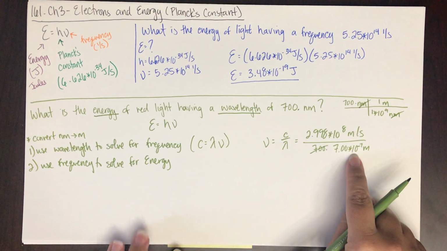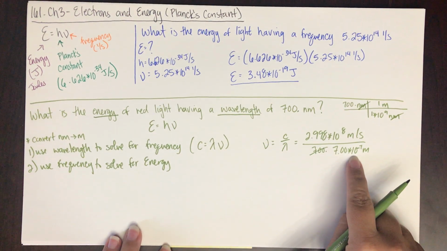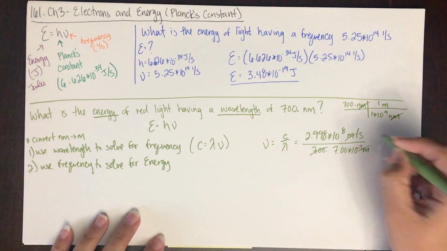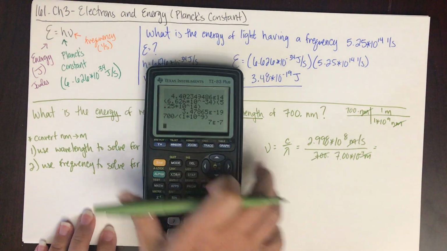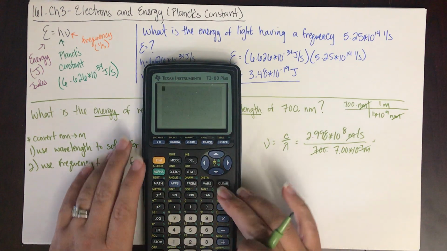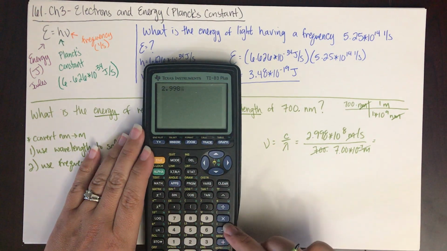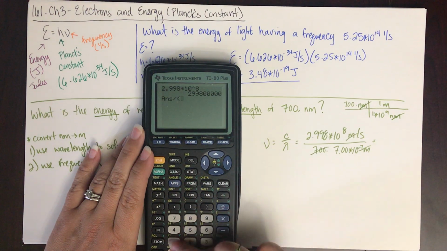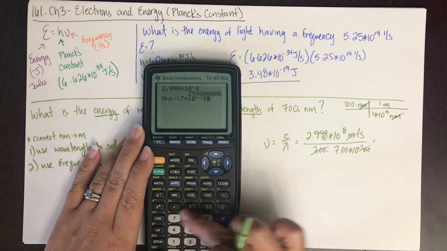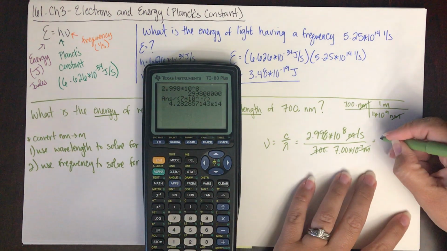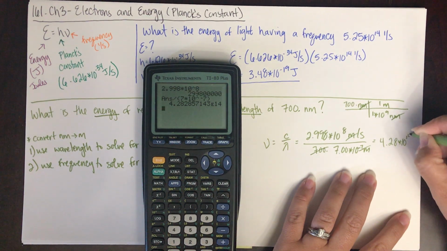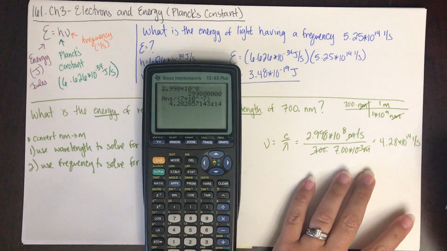So that's now my wavelength in meters. If we used nanometers, we would get the wrong answer because these units wouldn't cancel. So now I'm going to say 2.998 times 10 to the 8th divided by 7 times 10 to the negative 7th gives me 4.28 times 10 to the 14th 1 over seconds.